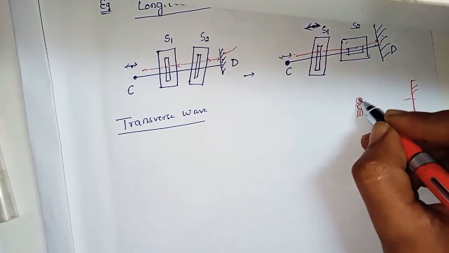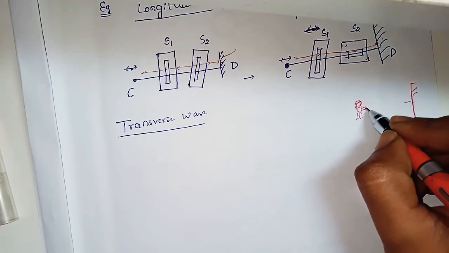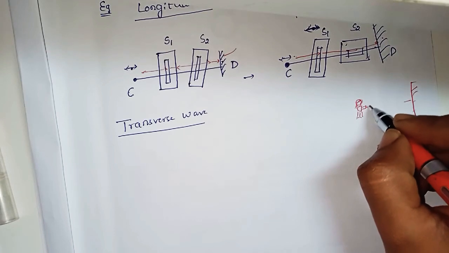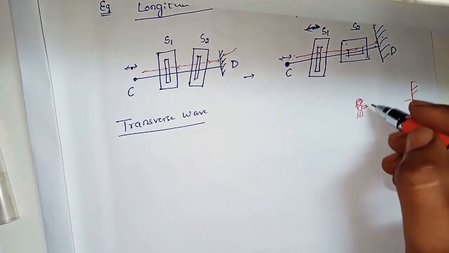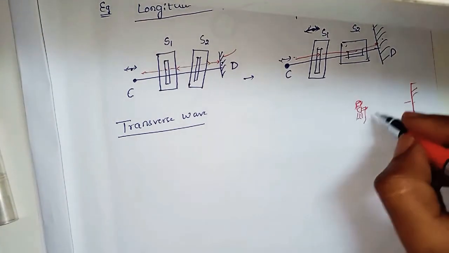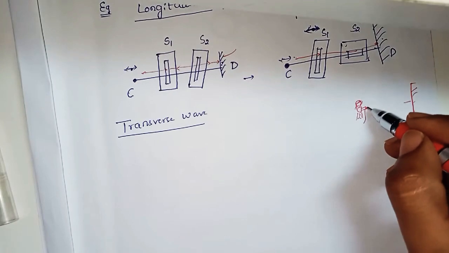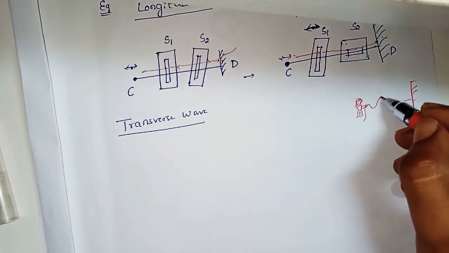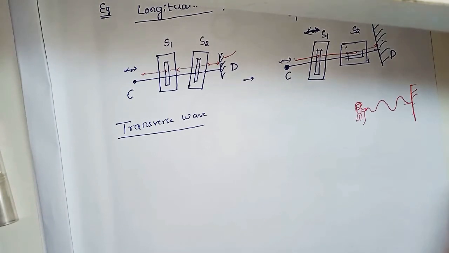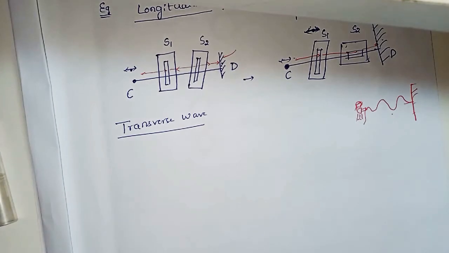The person just shakes this rope. The rope shows this type of wave. This type of wave is called a transverse wave.